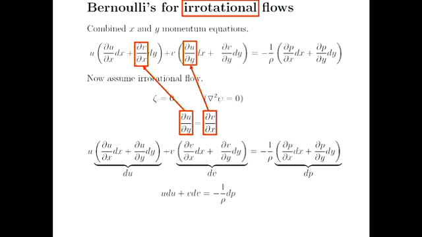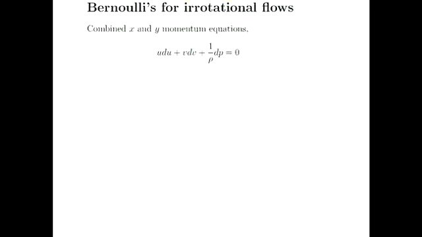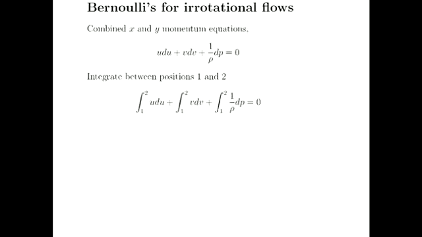We still haven't assumed anything about streamlines whatsoever. So from that equation, what I can do is just integrate that expression between position 1 and position 2, right? So I integrate u du between position 1 and 2, v dv between position 1 and 2, and dp on rho between position 1 and 2, all right? And it drops out, obviously, very easily to Bernoulli's equation. The integral of u du is going to be u squared on 2, okay?